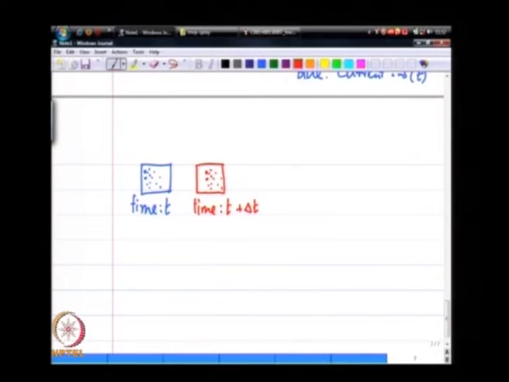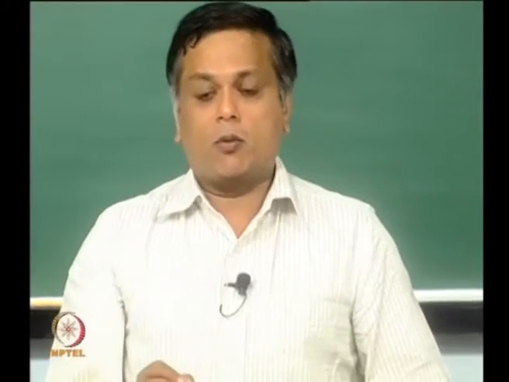So, if the drops were all in sort of one part of the image to the left edge of this segment, and all of them have essentially moved to the right edge of the image. And I want to now look at how much is the displacement.